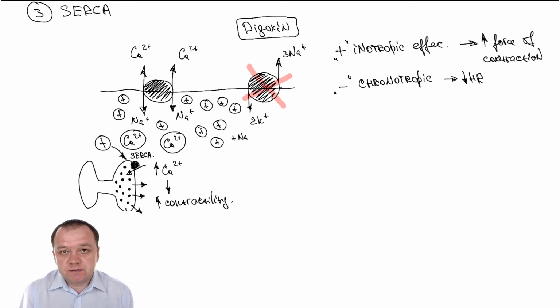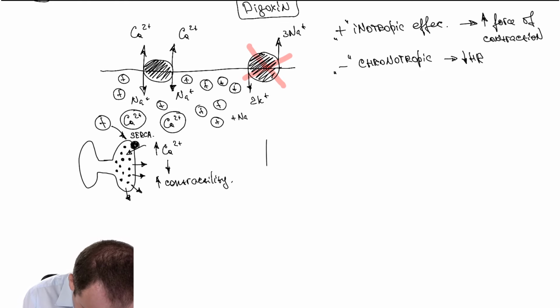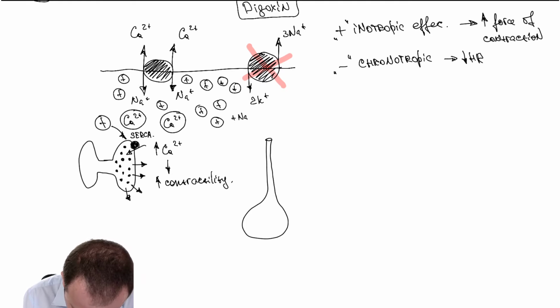It increases nervous vagus tone. Now I'll tell you how this is possible. You know that nervous vagus releases acetylcholine, right? And as all excitable tissues, it also has sodium potassium pump.